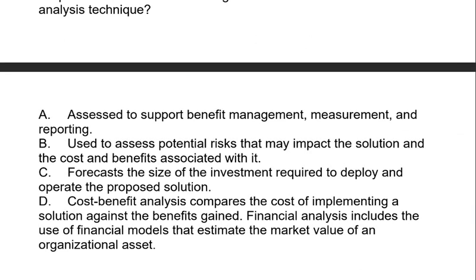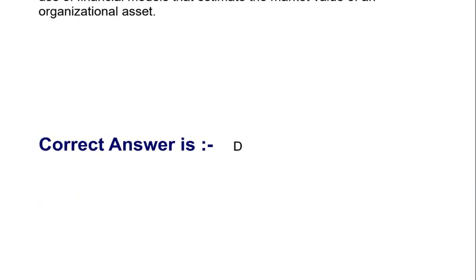Option C. Forecast the size of the investment required to deploy and operate the proposed solution. Option D. Cost-benefit analysis compares the cost of implementing a solution against the benefits gained. Financial analysis includes the use of financial models that estimate the market value of an organizational asset. Correct answer is option D.